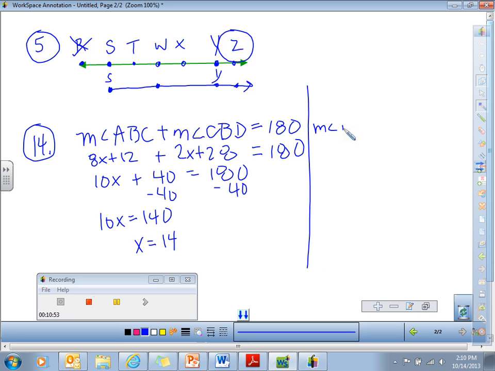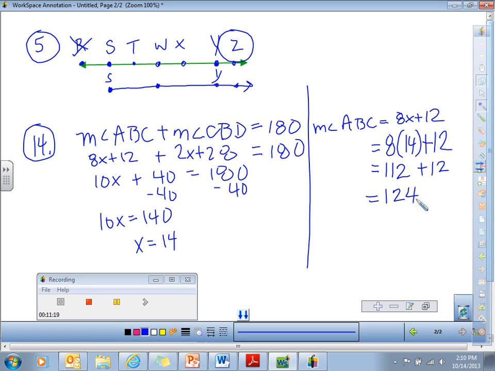The measure of angle ABC is equal to 8x plus 12. So 8 times 14 plus 12. What's 8 times 14? 8 times 10 is 80. 8 times 4 is 32. 112. Plus 12 is 124. Dang, I'm close.